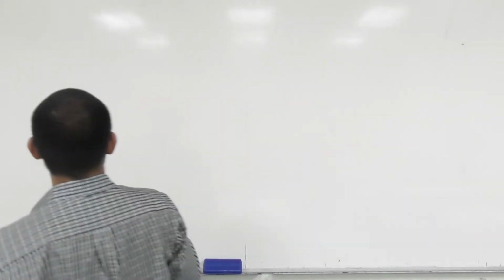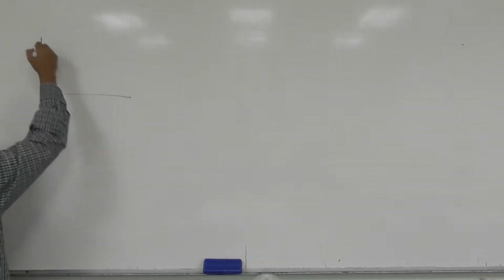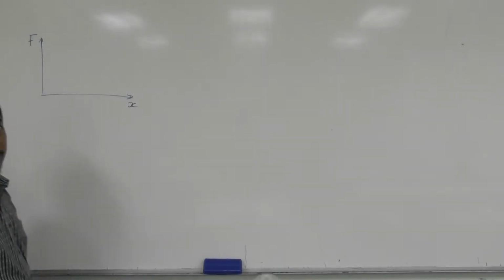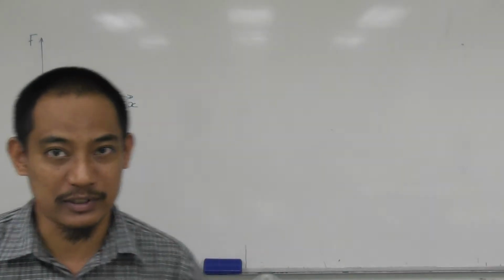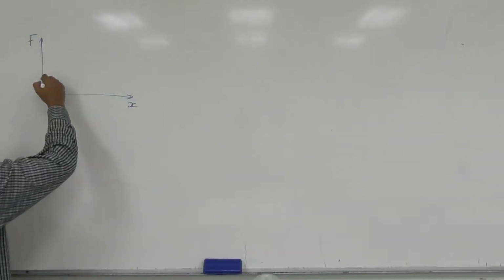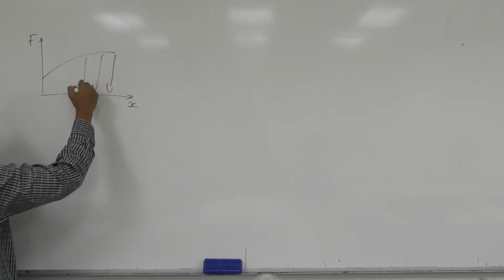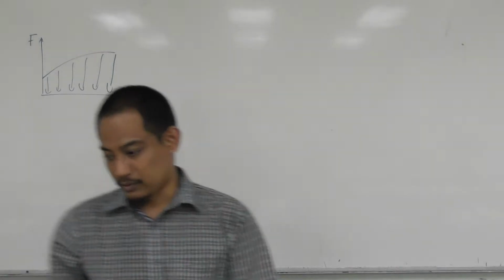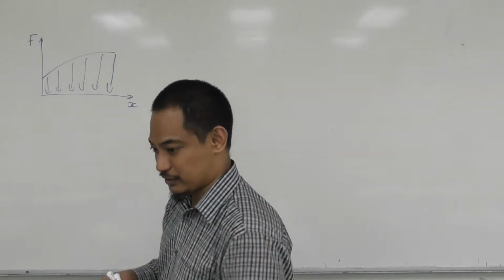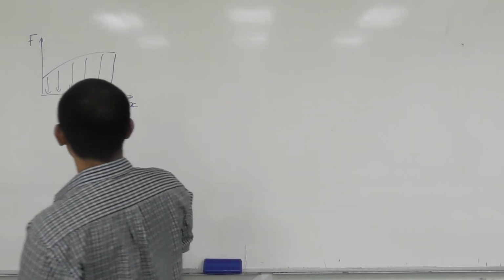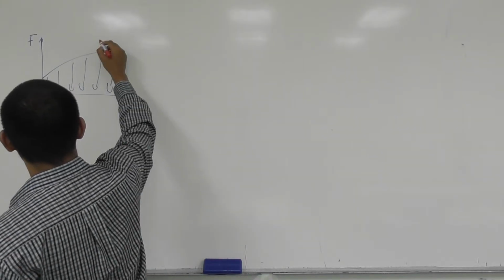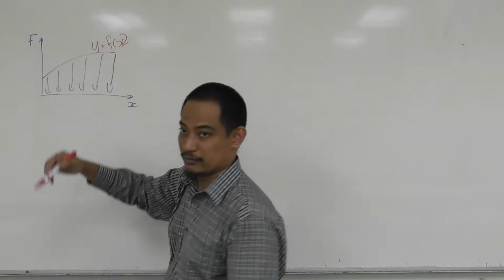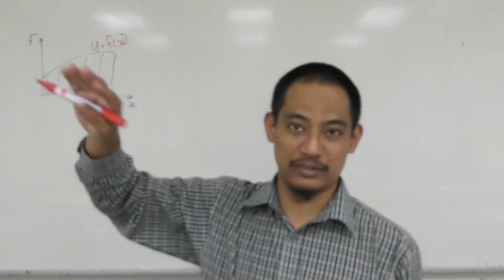In short, if we have a distribution where this is a force and this is distance x, for example, with all the forces going down, with a function of, let's use y, where y is a function of x, for example mx plus c if it's linear.